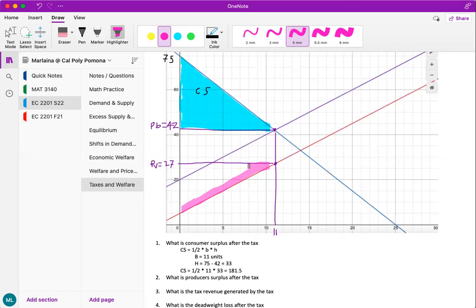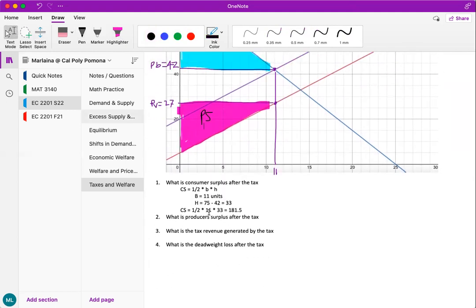And remember, they're only going to be receiving the $27, even though the consumers are paying $42. There's that tax that has to be taken out of the $42 and given to the government. So producers are only receiving $27. We're going to go up to 27 and then go right along the price down to where we started and just fill this triangle in, representing our producer surplus.